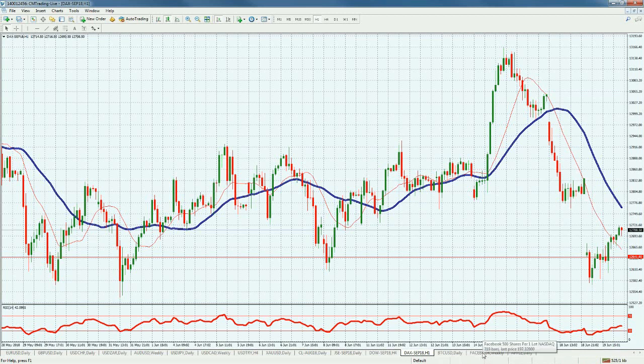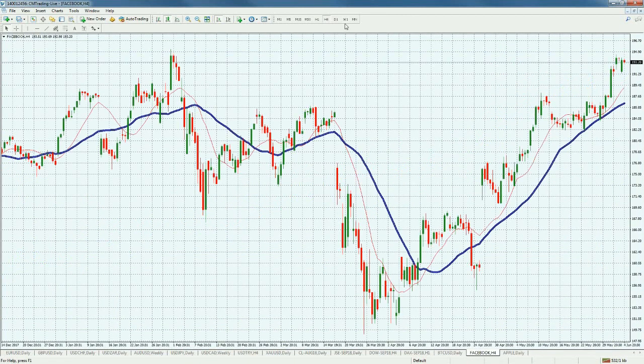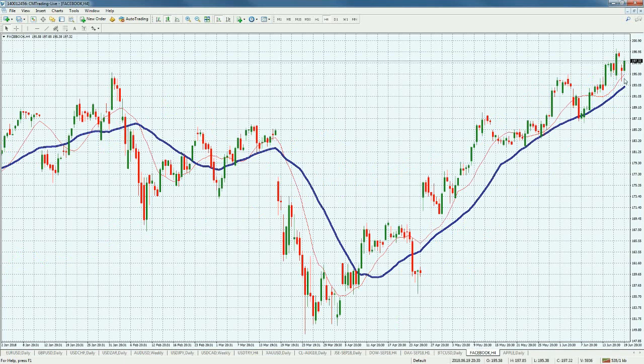Now, looking at the major stocks in the United States, they also corrected and finally sold off a little bit. Facebook did not break this 200, and it's not breaking further down. Okay, it's trading at 197. If the market does shift upwards, then I do expect Facebook to break out on the high side.